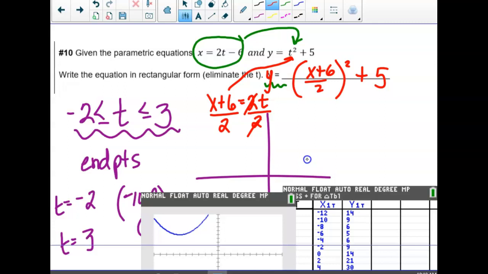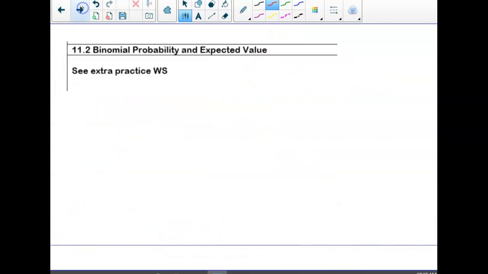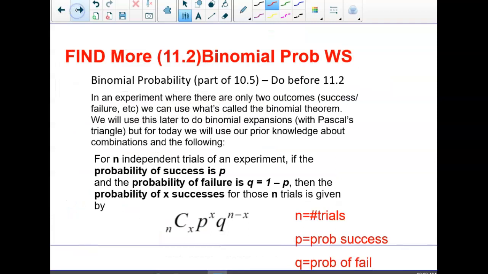Okay, parametrics were the end of the trig packet. I got to keep going because we still have to talk about binomial probability. Can you find the Moore 11.2 worksheet?